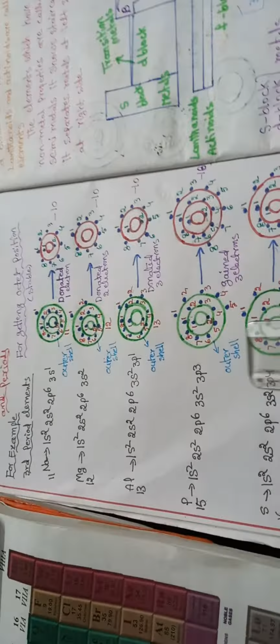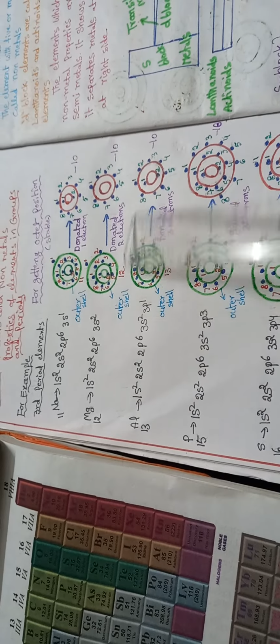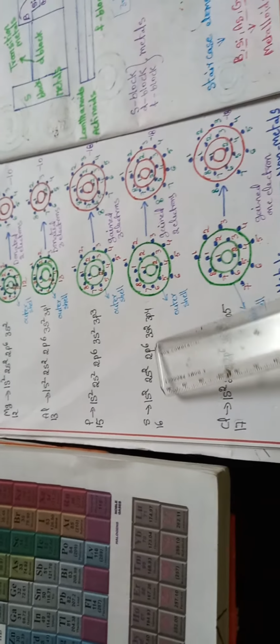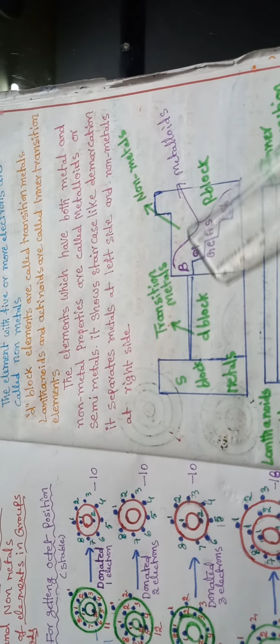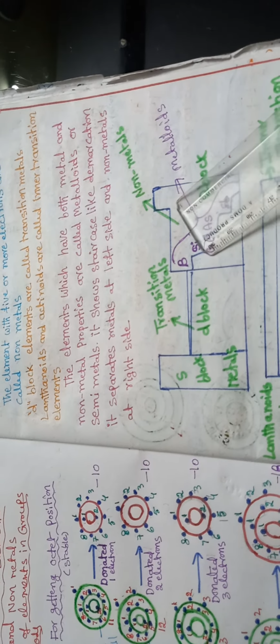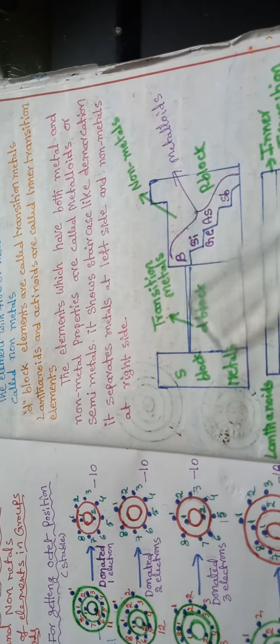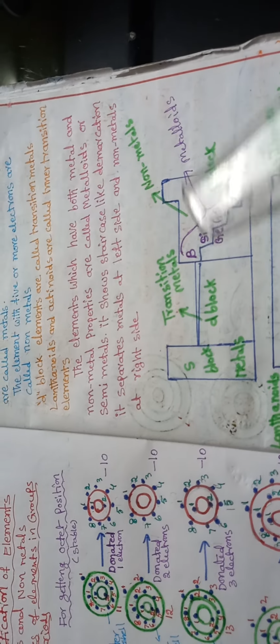Sodium, magnesium, aluminum belong to the metals, and phosphorus, sulfur, chlorine belong to non-metals. So non-metals are there in the P block elements. On the left side we can see the metals, and on the right side we can see the non-metals.